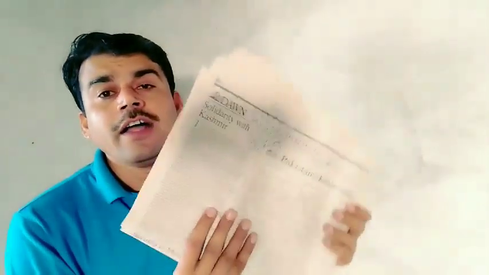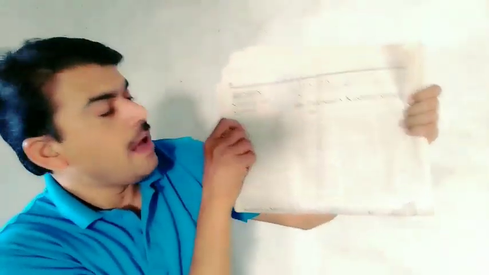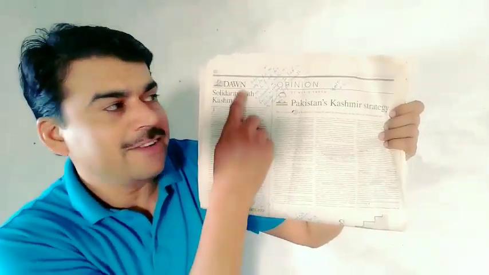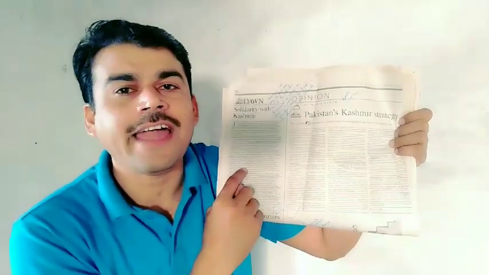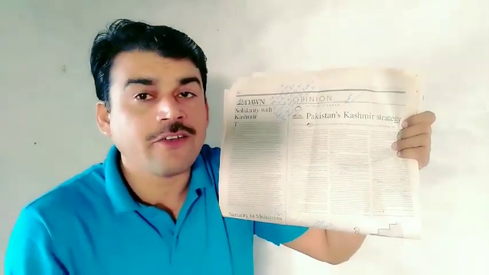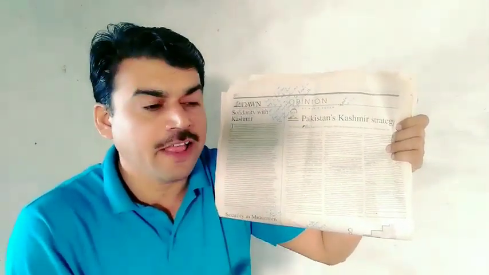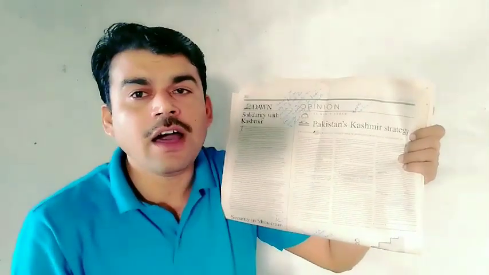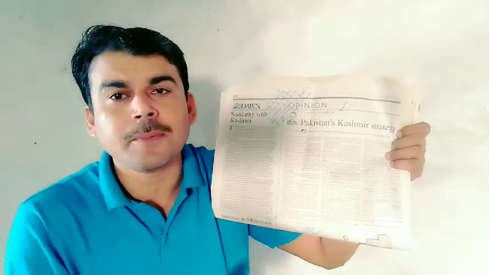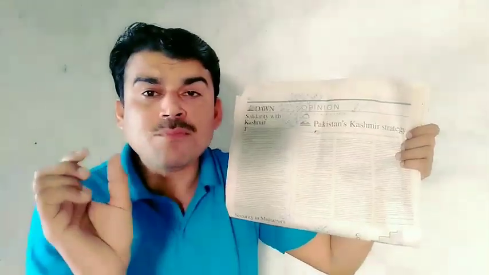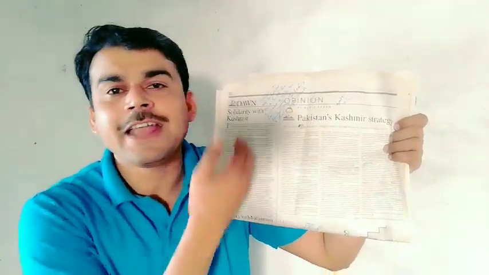The 8th page of the Dawn newspaper is the editorial page. It looks like this, and these three editorials are written by the newspaper itself. It is the policy of the newspaper that they write the three most important issues on their editorial page.